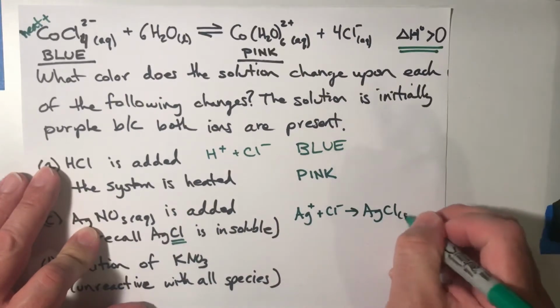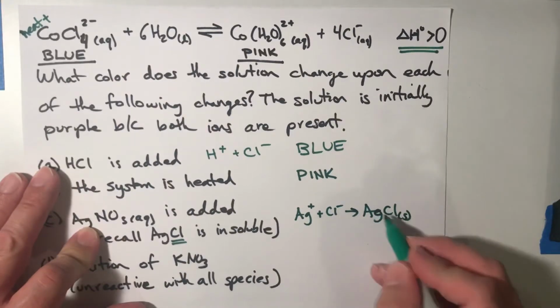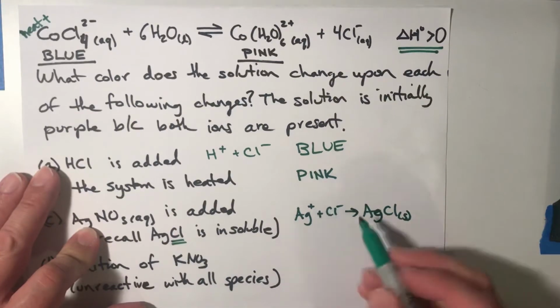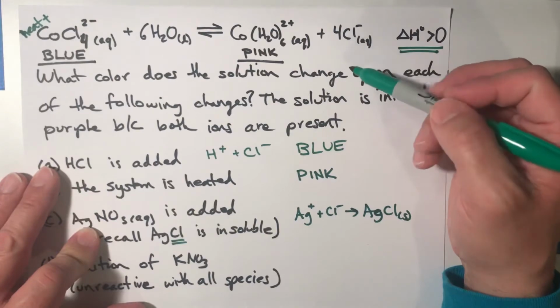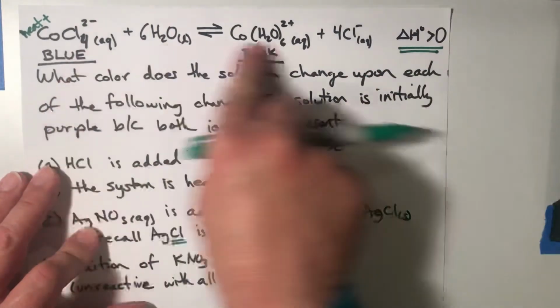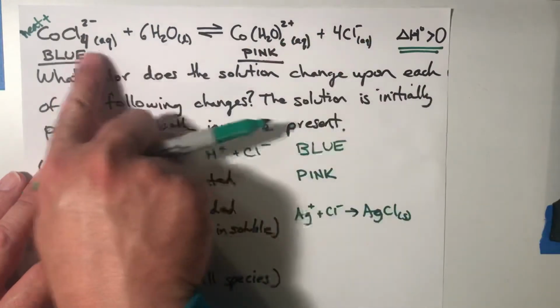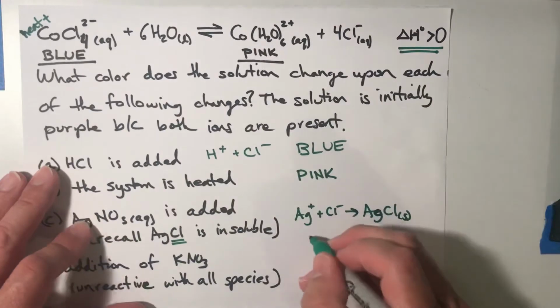We would be forming solid silver chloride in the beaker that this reaction is happening in. What that would do is use up chloride ions, so that's reducing the concentration of one of our products. The system will shift to make more of the products that we're removing. So the equilibrium is going to shift in the forward direction to replace those chlorides. That's going to turn this reaction pink.